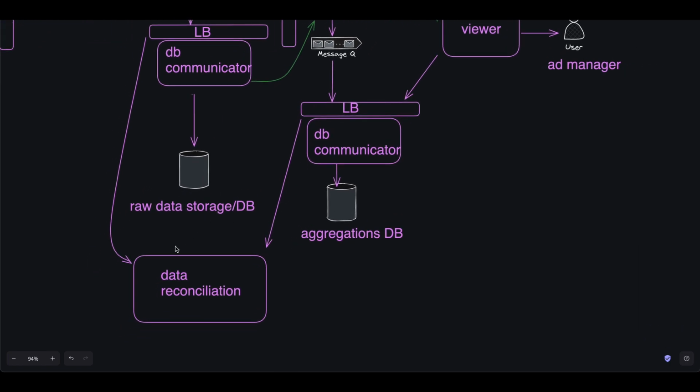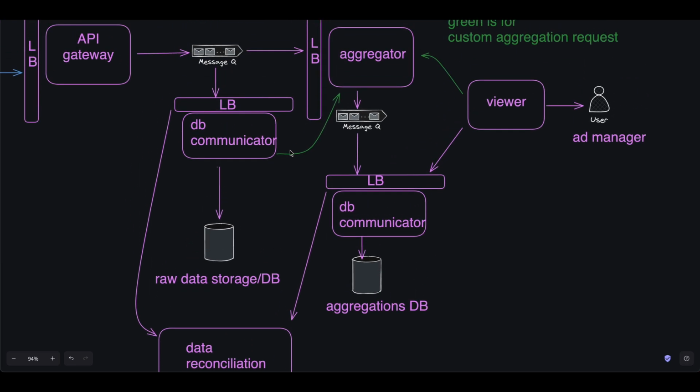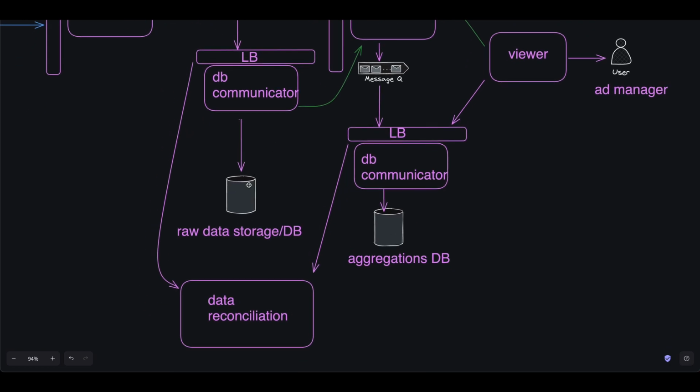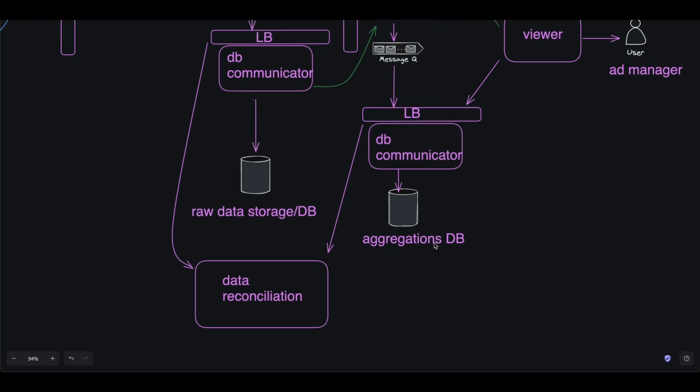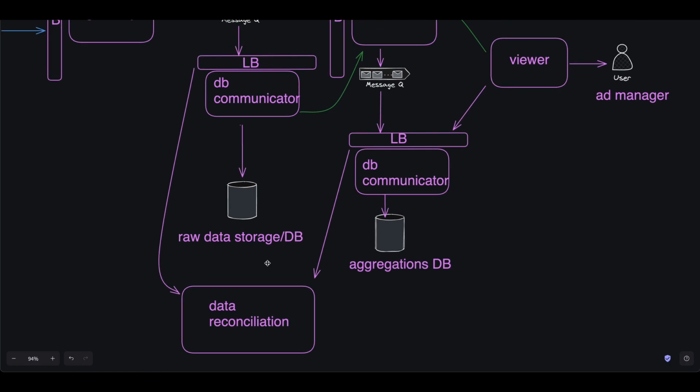So there are much fewer requirements for it, it doesn't need to be as advanced as the aggregator. And also we will need separate comparison logic against already crafted aggregation results from the aggregation database. We'll leave it at that because it's not the main topic, but I hope the main idea is already communicated.